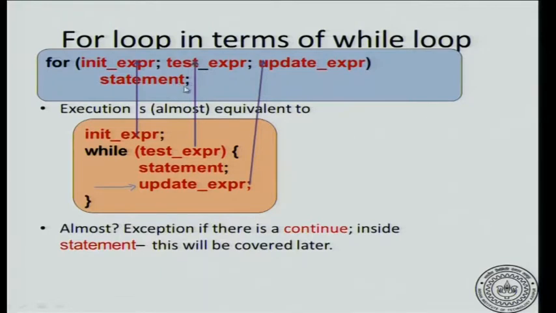After the statement is executed, you update the expression and go back to the test expression, because that is how you execute it in the while loop. You first initialize, then test whether it is true, execute the statement, update, and then go back to the test expression. So this is how a while loop can be translated to a for loop and vice versa.